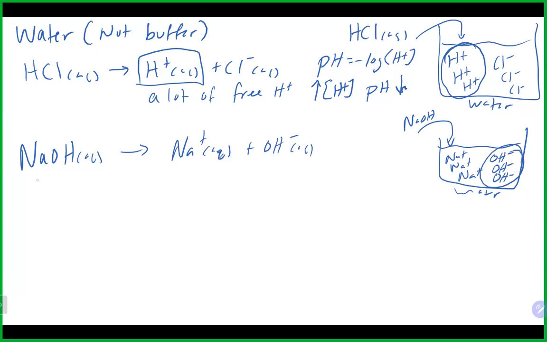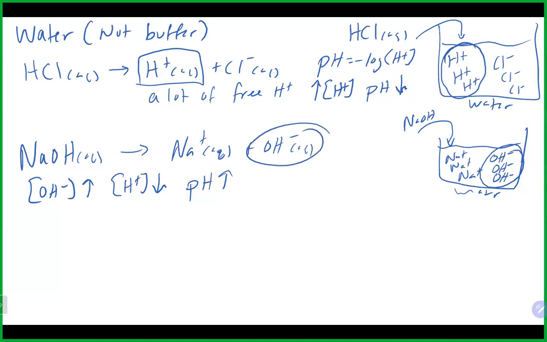What we know about the hydroxide ion is as its concentration goes up, the H plus concentration goes down. The result of this is our pH should go way up because we made a lot of free OH minus in the solution. So in the case of water, if you started at a pH 7, add some strong base to it, it'll jump from 7 to maybe 10, 11, 12, a really big jump in the pH. So this is what happens when you add a strong acid or strong base to something that is not a buffer like water. Any questions on that?